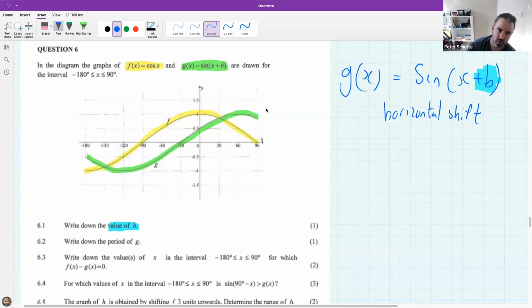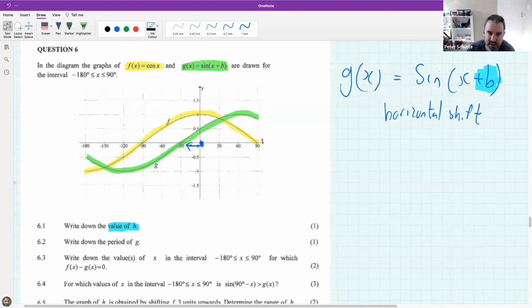Now, I'm going to help you do this one. Let's look at the green graph. We know the green graph is a sine graph. We would expect the sine graph to start here, but it looks like it's been shifted to go there.